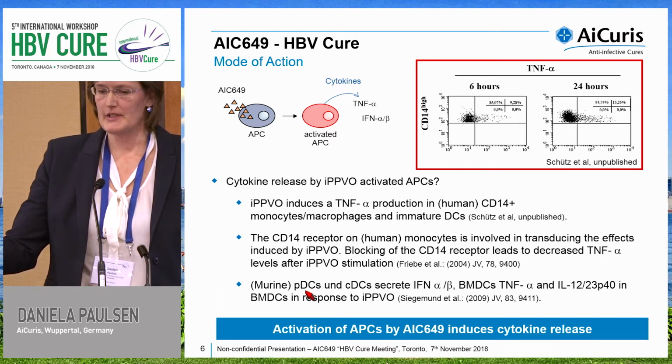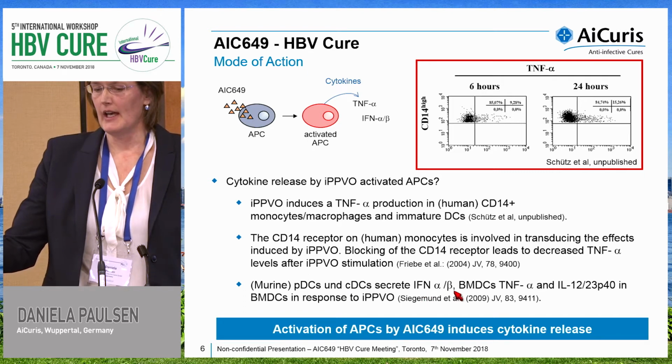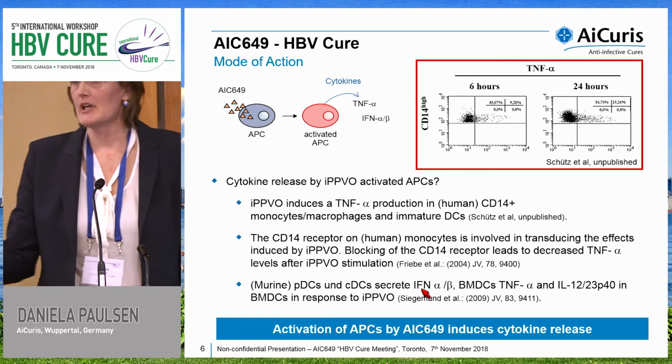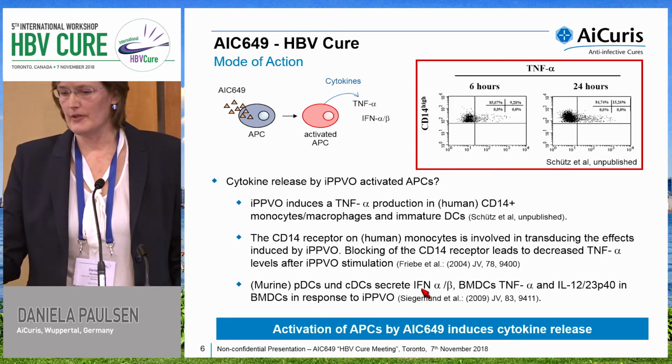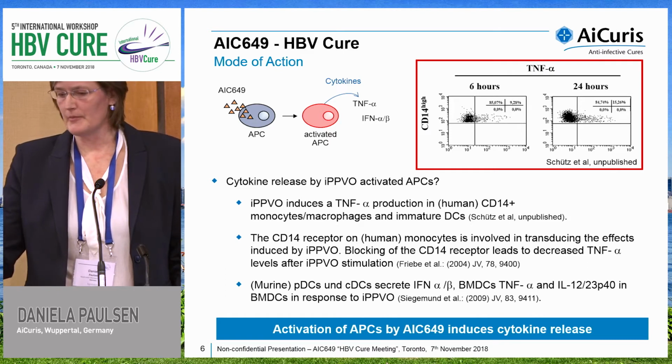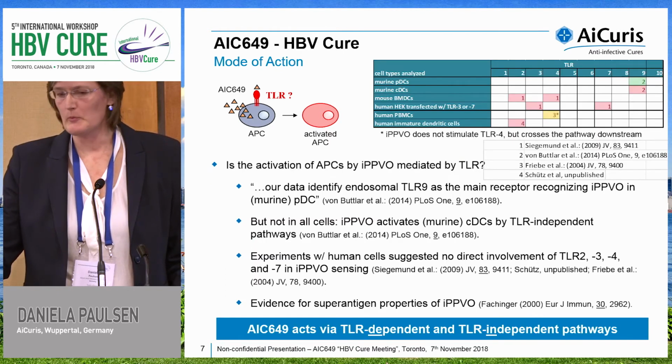Also, in the murine system, PDCs and CDCs secrete interferons, and TNF-alpha and IL-12 were also shown to be induced. So there's a variety of several cytokines released after PPVO stimulation.